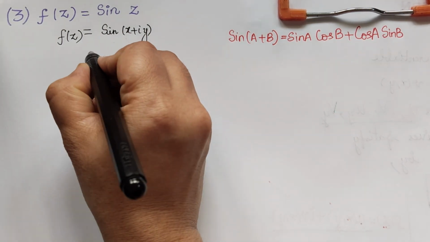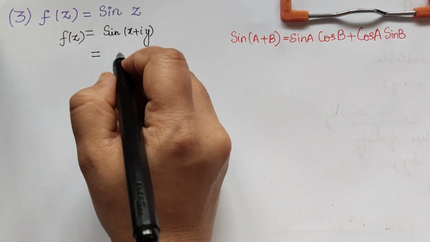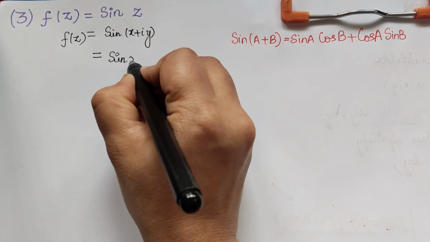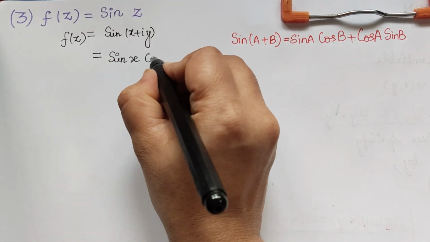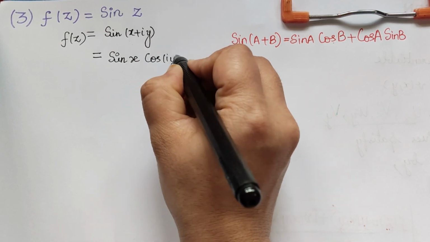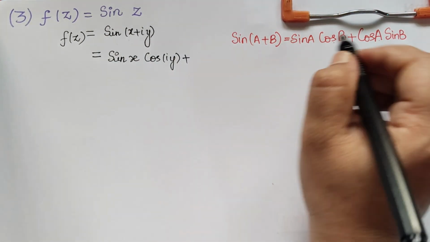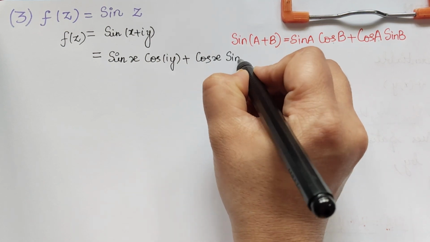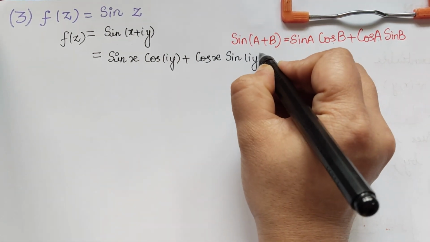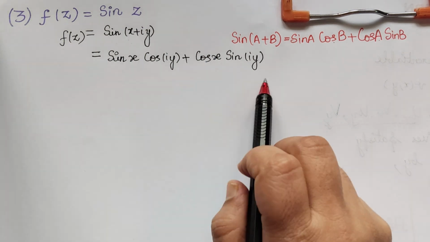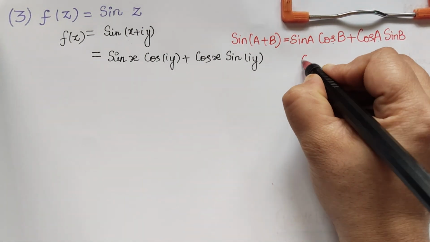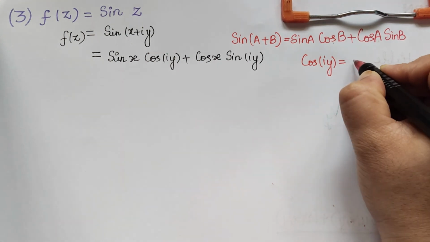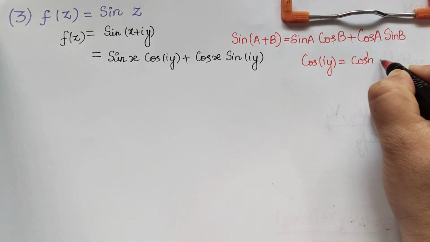So therefore f of z will be equal to sin A, so sin x, then cos B, so cos iy, plus cos A, so cos x, sin B, so sin iy. Now by the concept of hyperbolic functions, we know that cos iy will be equal to cosh y.